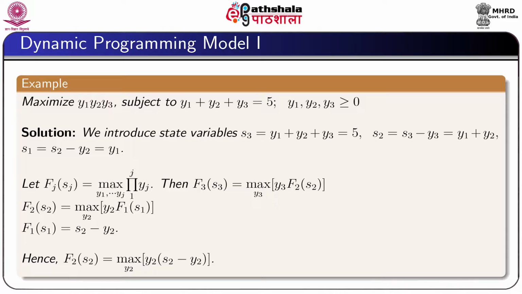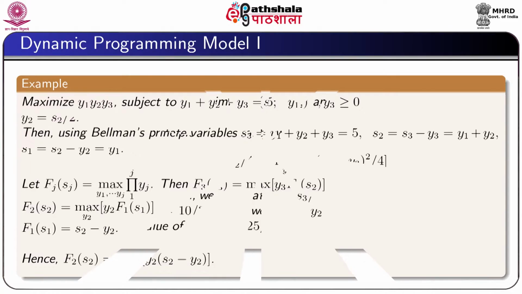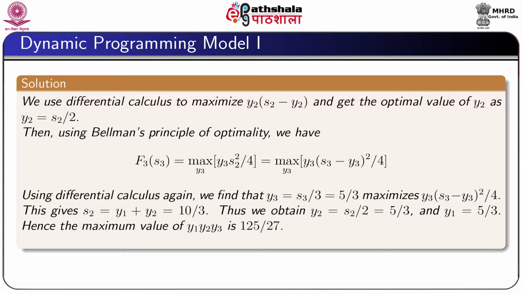From the last two, we can write F2(s2) equal to maximum of y2 times (s2 minus y2), where maximum is taken over y2. Now, if we use differential calculus to maximize y2 times (s2 minus y2), then we see that the optimal value of y2 equal to s2 by 2. That means y2 equal to s2 by 2 maximizes the function y2 times (s2 minus y2).